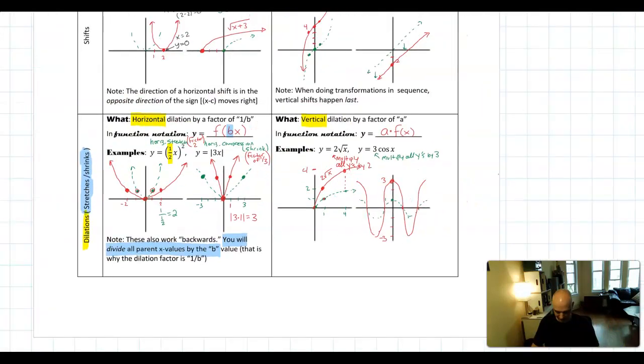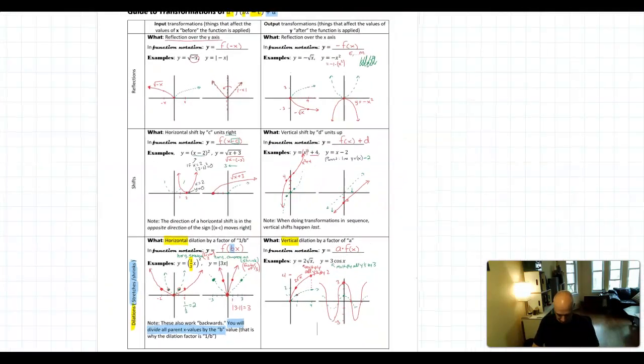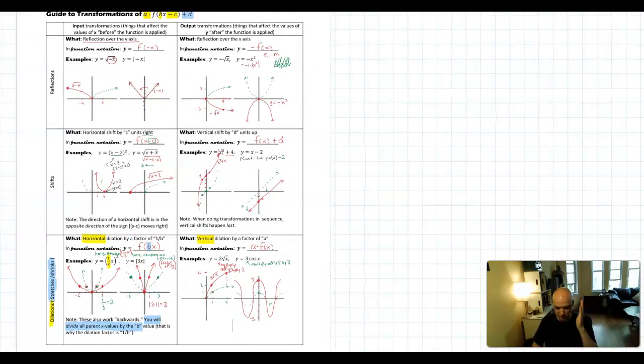We've also separated these, looking at which transformations affect the x values, which is the first column, and which transformations affect the y values, which is whatever happens in the second column. The next thing to do is start combining these transformations into sequences where you might do 2 reflections and a shift and then a stretch. But that we'll have to do another time.